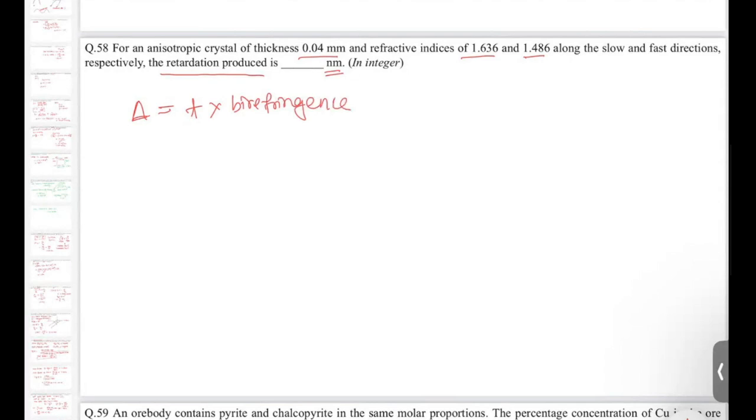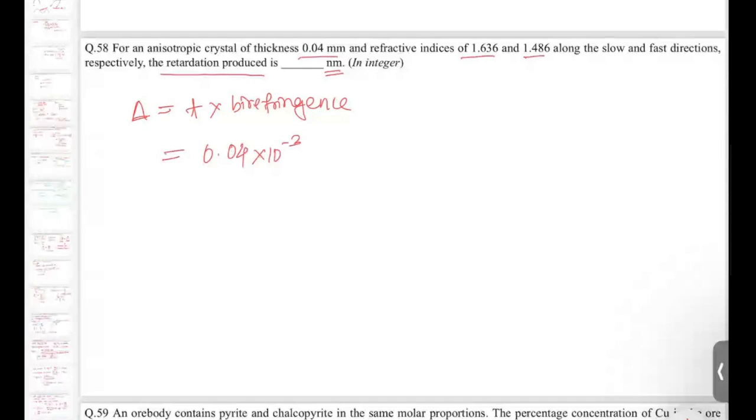So the birefringence value is the difference between your 2 refractive indices, the fastest and the slowest. The slowest will have the highest refractive index, and the fastest ray will have the least refractive index.